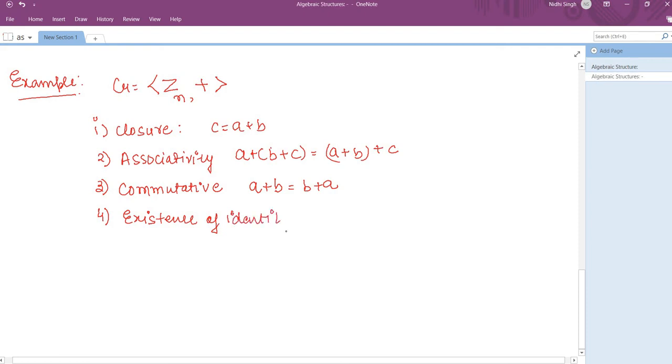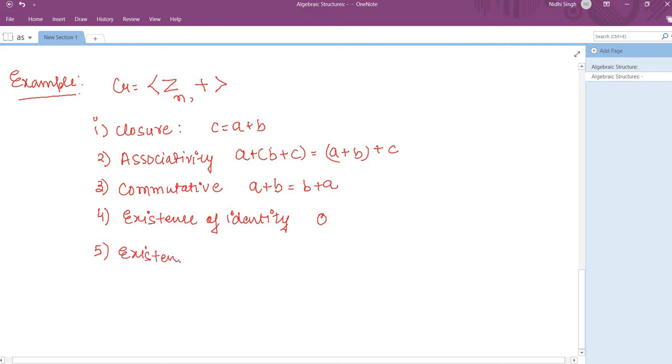For the existence of identity, as you know, this is an addition operation, so the identity element should be 0. And existence of inverse.